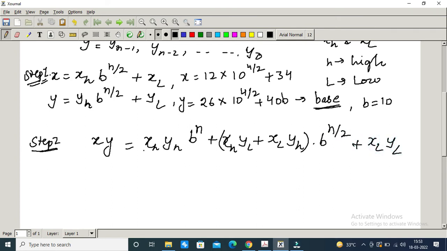So put all the values of xh, yh in this equation and you will get the multiplication of x and y.